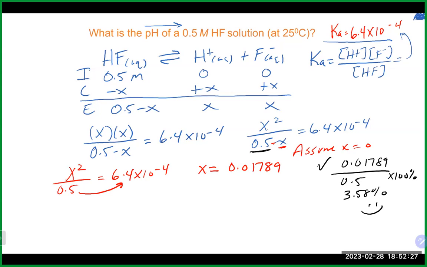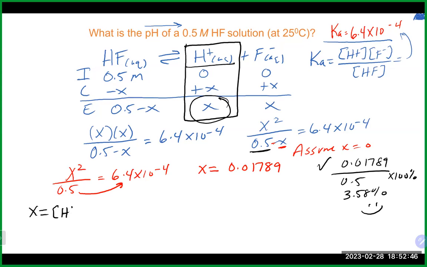So because that's good to go, really here, we're looking for the pH, which if we go to our ICE table, don't overlook your ICE table, we could clearly see that we are interested in the H plus, and that equals x, which is really all that we need in this case. So we know that x equals the H plus concentration, which means our H plus concentration is 0.01789 molar.